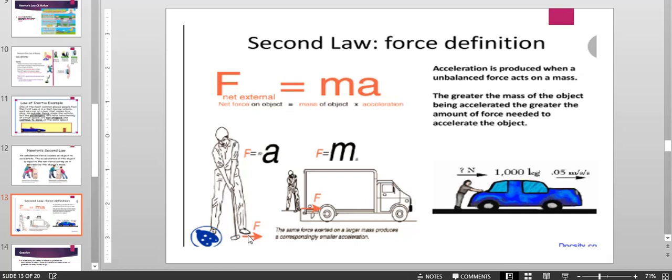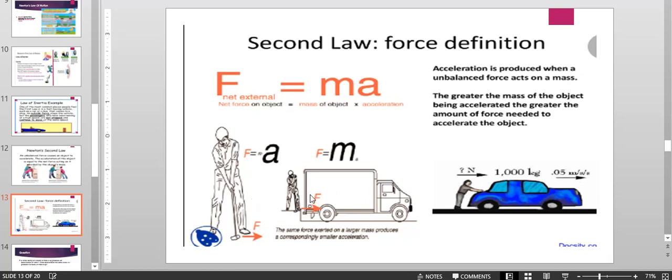Whereas if the same person tries to hit this big car or a truck, what will you say? Will he be able to move this car? No, he won't, because this car or truck has a greater mass, due to which it will have less acceleration.